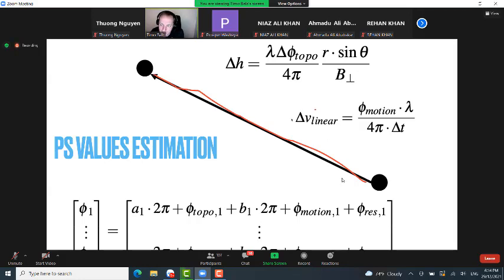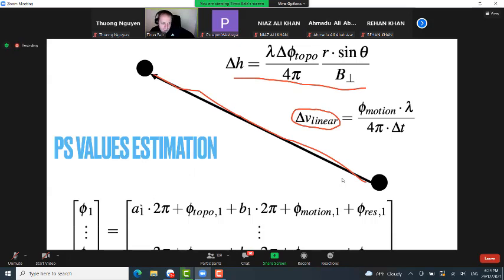You see there would be the motion that is estimated, and we have also the height that we solve for. So we basically have two unknowns here, the height and the motion.